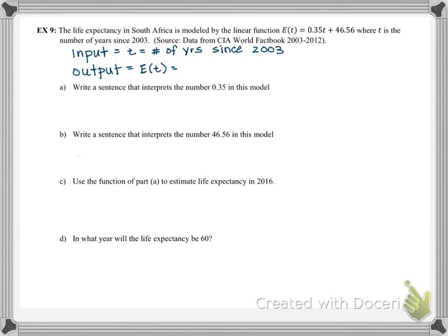So E of t is the life expectancy, and that's measured in years, t years after, or since, I guess is the word they used here, since 2003.